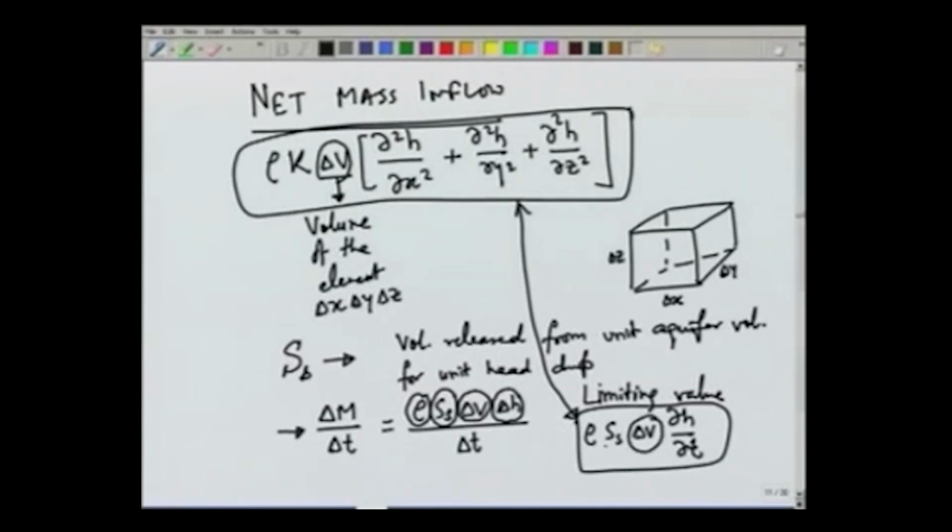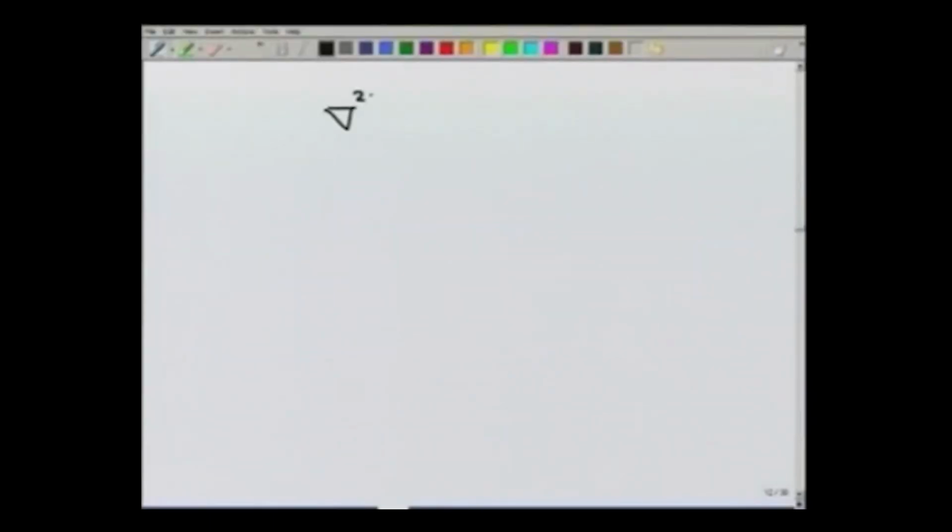Rho will also cancel out, and we should note that rho will cancel out because we have assumed that change of rho is very small, negligible. If we do not ignore that term, then rho will also be included in the equations. So, if we equate these two, we finally get an equation which can be written as del square H.